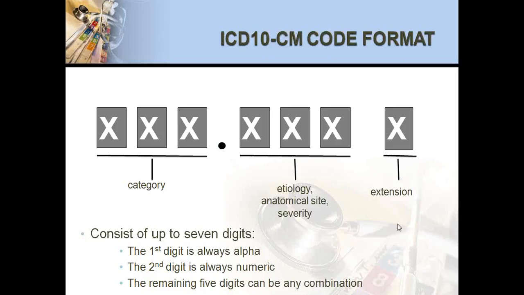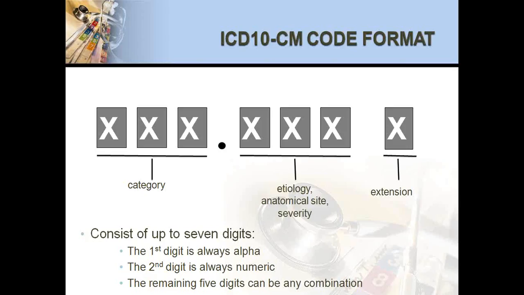Now, the question that always comes up in the ICD-10 coding classes is, will we be coding to the 7th digit on every encounter, or does every diagnosis have 7 digits? And the answer is no. Just the same way ICD-9 doesn't always go out to the 5th digit. Sometimes it's 3. Most of the time it's either 4 or 5.